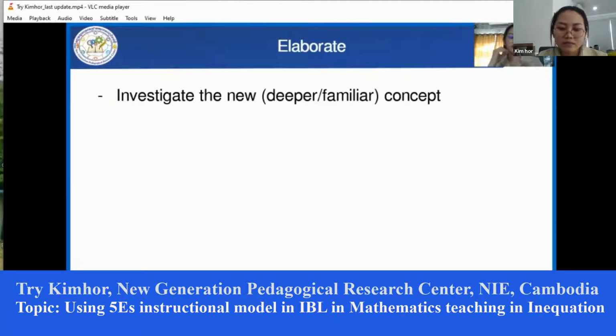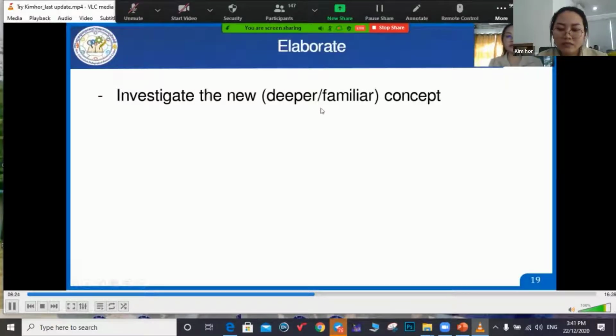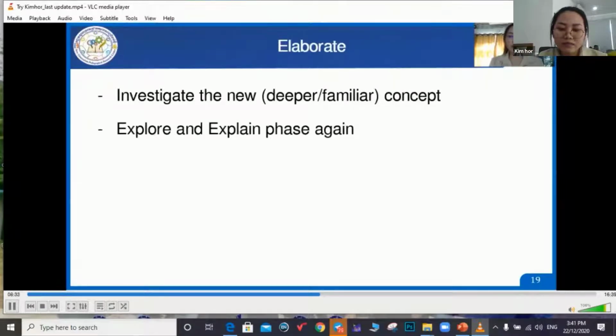It might be deeper if the teacher observes that most of the students in the class understand the previous concept that was given correctly. If the teacher observes that the students still do not understand it clearly, they can give familiar concepts for the students to investigate or explain again. So in this phase, the teachers may use the explore and explain phases again in the elaborate phase.